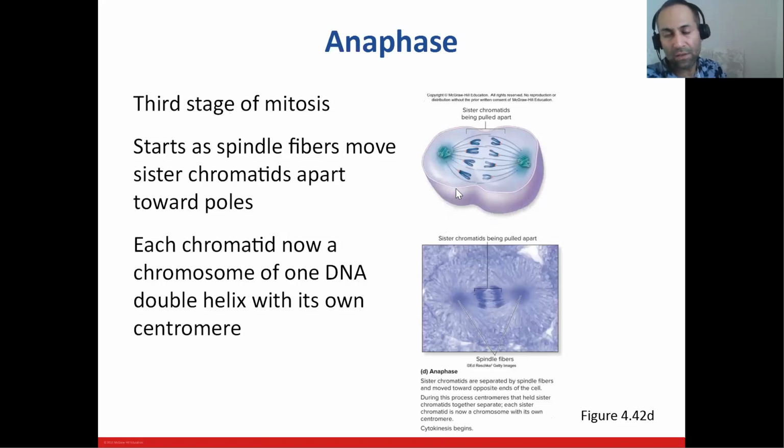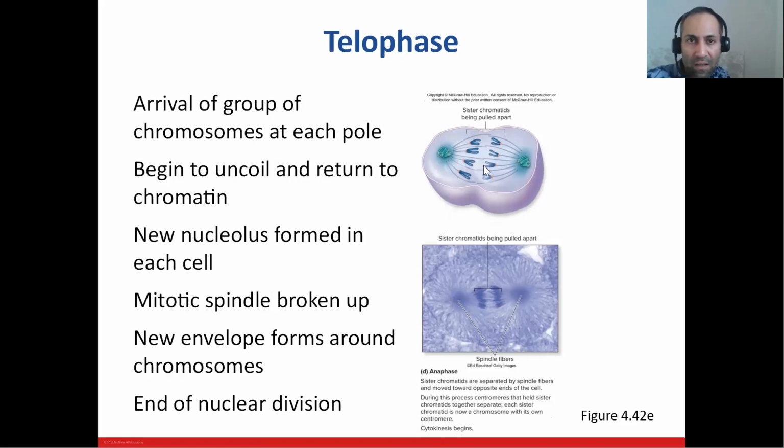Then comes anaphase. Anaphase starts with the letter A, and you can think of this A for away or apart. These spindle fibers split the chromosomes into two daughter chromosomes, or sister chromatids, and each is pulled to the opposite pole. They're being pulled apart. And then finally telophase, T for telophase, T for two.